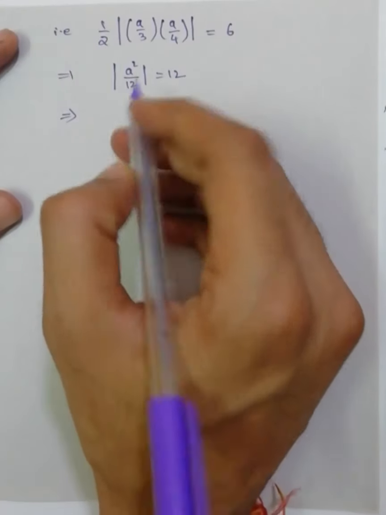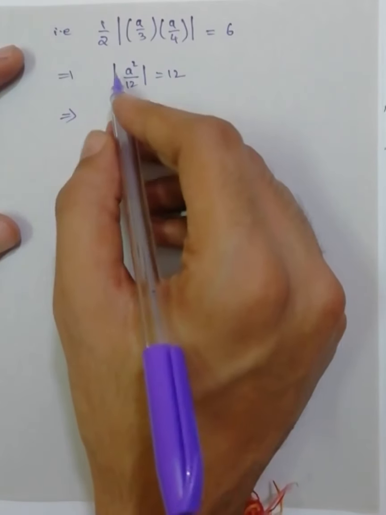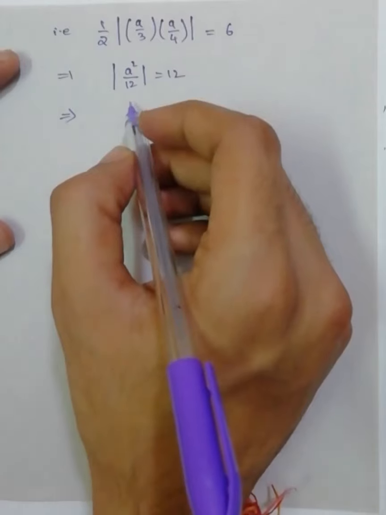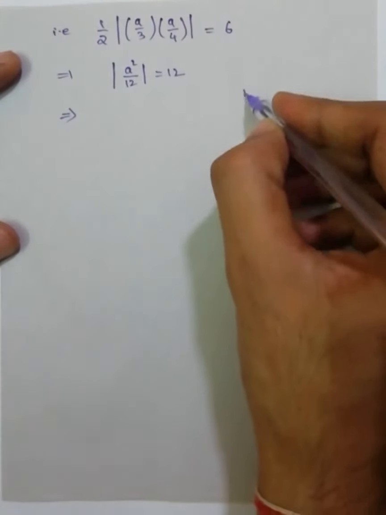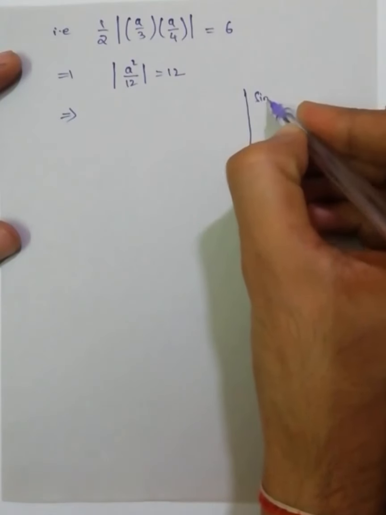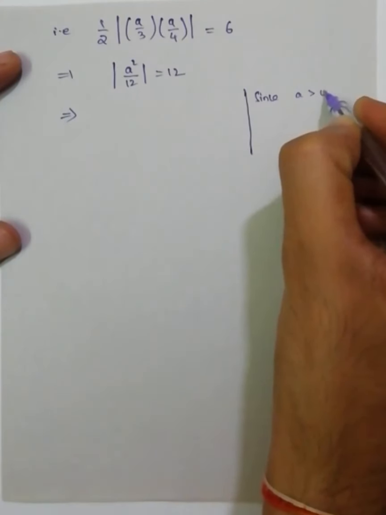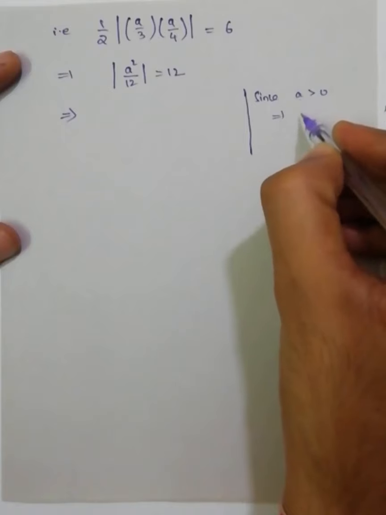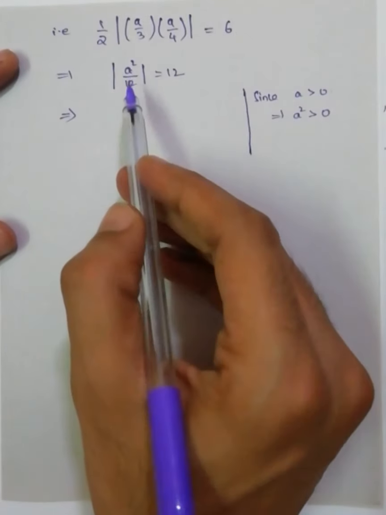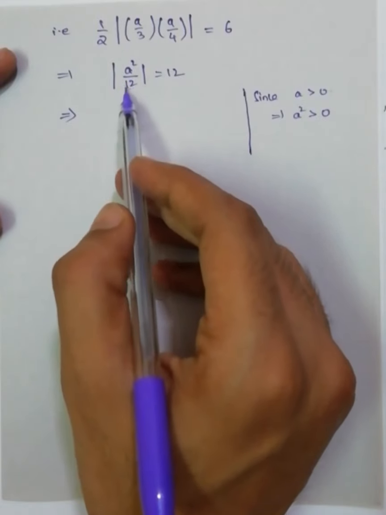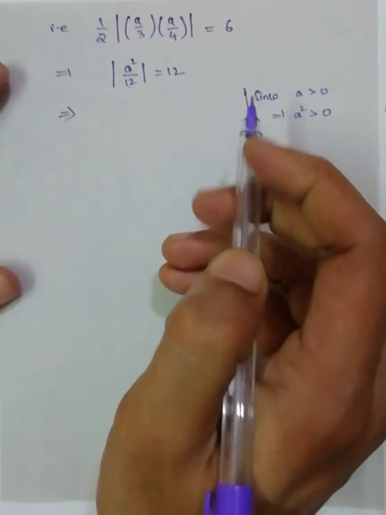Now I am going to remove the modulus symbol. Since in the statement it is clearly given that a is positive, if a is positive then a square is also positive. Now numerator is positive, denominator is positive, therefore the whole term a square by 12 is positive.